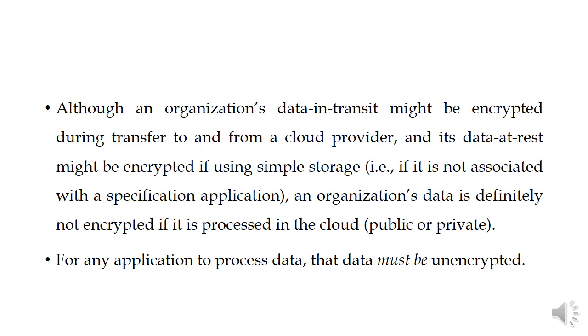Although an organization's data in transit might be protected during data transfer to and from the cloud provider, and at rest might be encrypted if using simple storage, an organization's data is definitely not encrypted if it is being processed in the cloud. So public or private, for any application to process data, that data must be unencrypted.